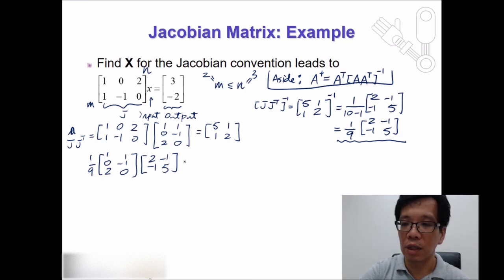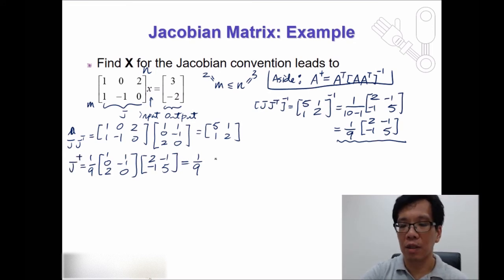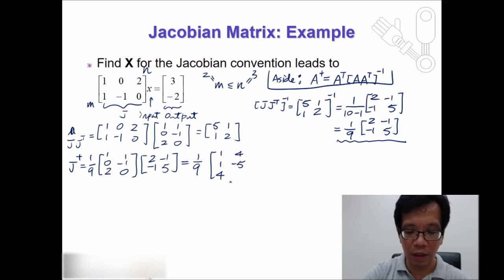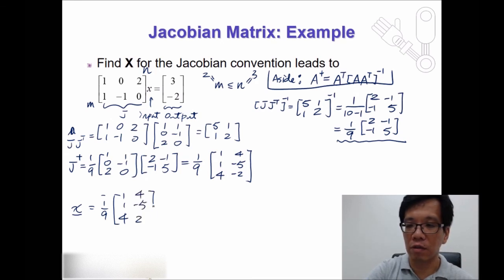So when we do this, it becomes 1 over 9, 1, 1, 4, 4, negative 5, negative 2, which implies my x vector is going to be this matrix 1, 1, 4, 4, negative 5, and 2, multiplied by the output.